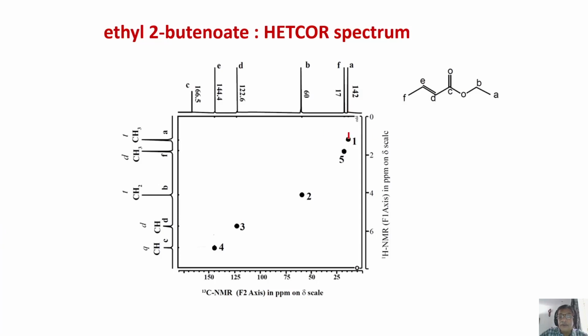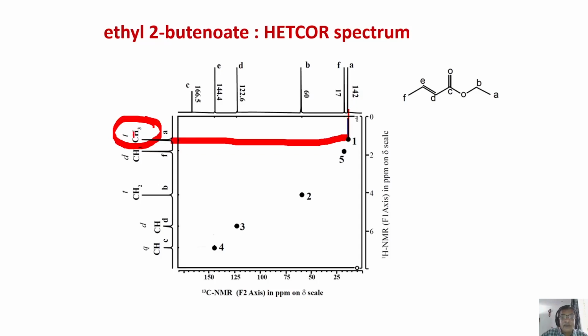So that means the CH3, these 3 protons attached to the carbon, has a proton chemical shift here. Its carbon chemical shift you can get from here. The simultaneous detection of both the nuclei is possible. You can correlate the chemical shift information of the protons attached to the particular carbon.